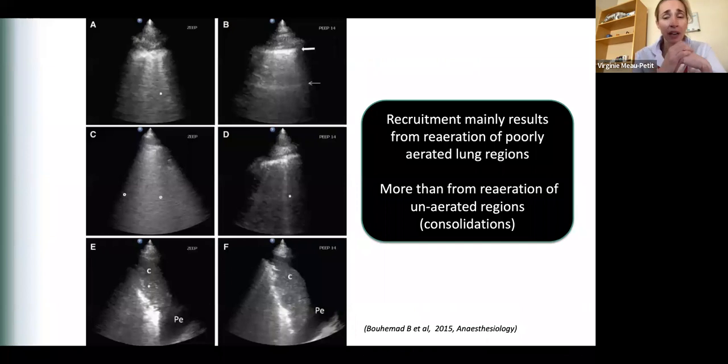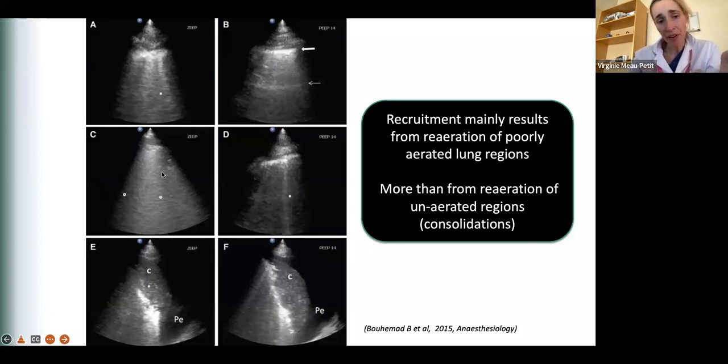I think that's a very key message here: when we recruit with PEEP, for example, if you look at this area, which I would score 2, it's white lungs, B-line white lungs. You don't see any A-line. You move from this score 2 to this score maybe 0 or 1. When you go to white lung here, again, you go to score 1. And here you have a consolidated area with score 3, but you stay at score 3.